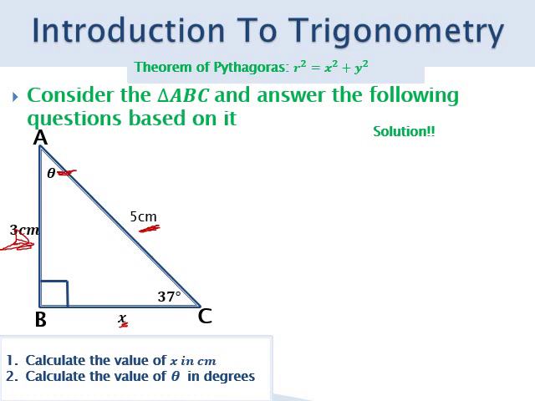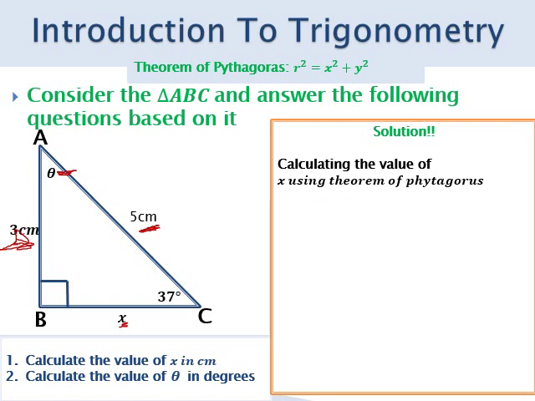Now remember, we have two sides that we know and only one unknown side. What does that simply mean? It simply means that we can apply the theorem of Pythagoras. Now in terms of this triangle ABC, right, AC squared is equal to AB squared plus BC squared.